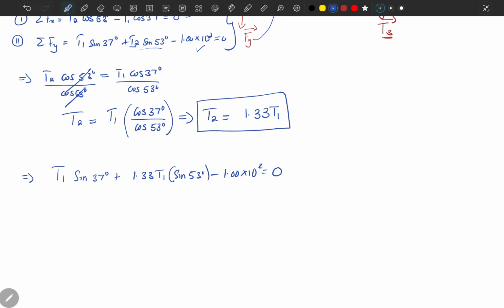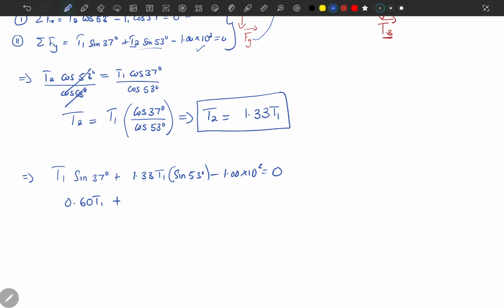All right, now let's solve for T1. Just grab your calculator and punch everything for me. You're going to punch sine 37. Sine 37 is like 0.6. So I would say this is 0.60 T1 plus sine 53.